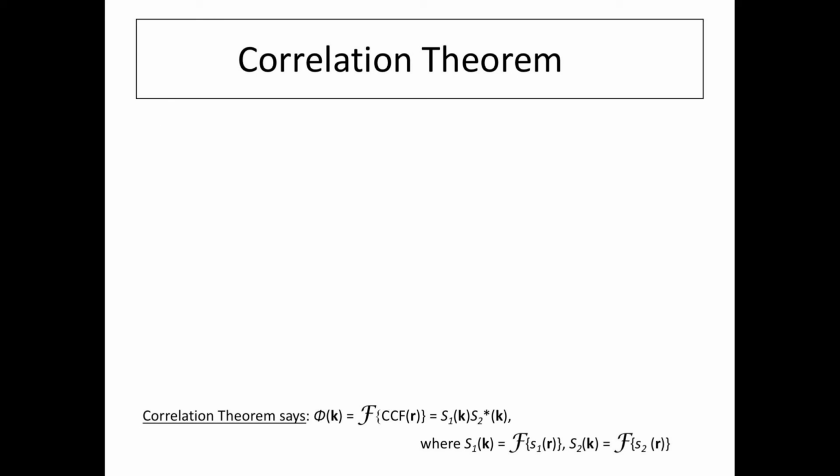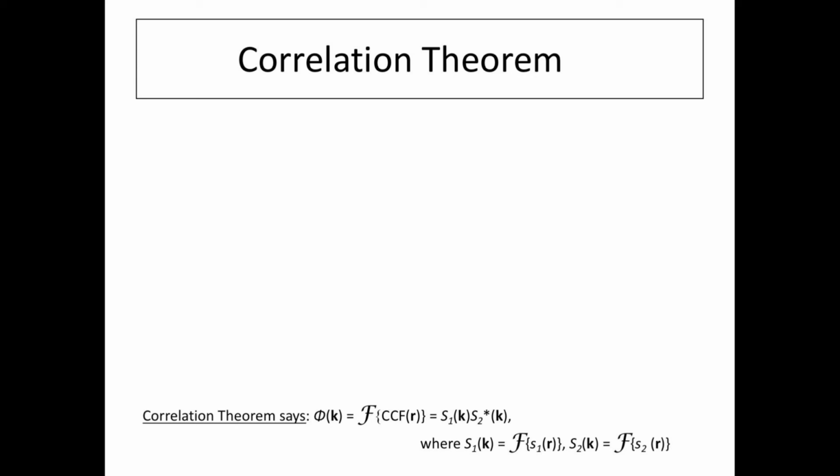So now, related to this is the correlation theorem. I showed you the expression that we have to compute in order to get the translational correlation function. This is now a very similar theorem. In fact, it's like a convolution theorem, just rearranged in some way.